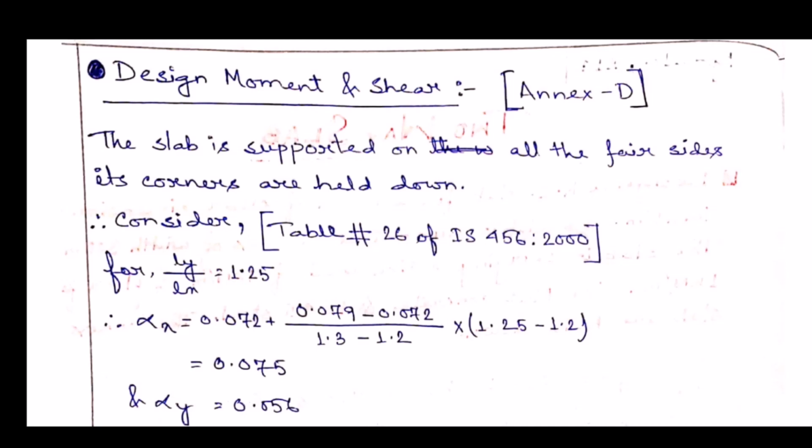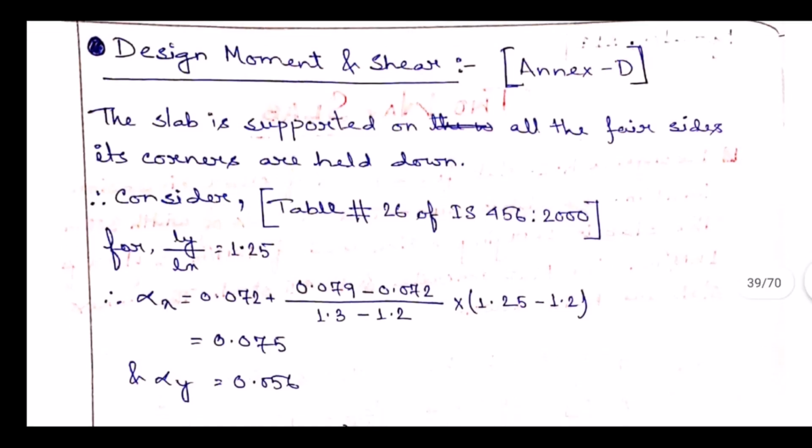So we may consider the slab is supported on all 4 sides, and its corners are held down, as given in the question. Therefore, as per Table number 26 of IS 456 2000, the Ly by Lx value is 1.25. So let's check whether the 1.25 value for Ly by Lx is given or not. If not given, it definitely lies between two values, and then we have to interpolate.